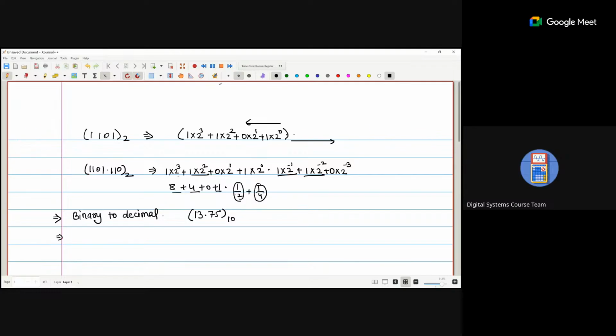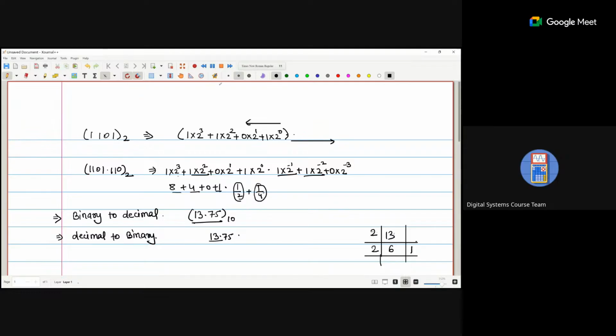Now, if we convert from decimal to binary, I'm just taking the same number, 13.75. We know the 13. How do we solve 13? Divide by 2, and we put the remainder on the side. 13 divided by 2 gives 6, and 1 is the remainder.